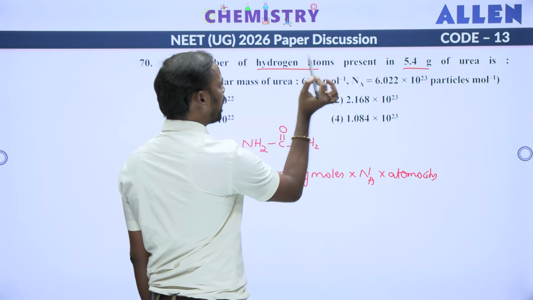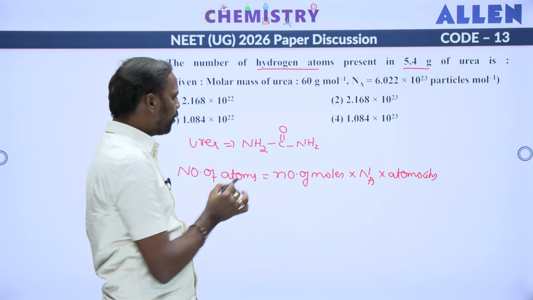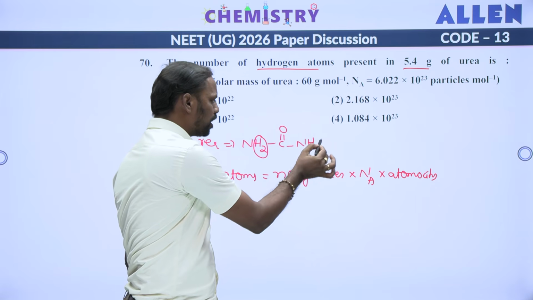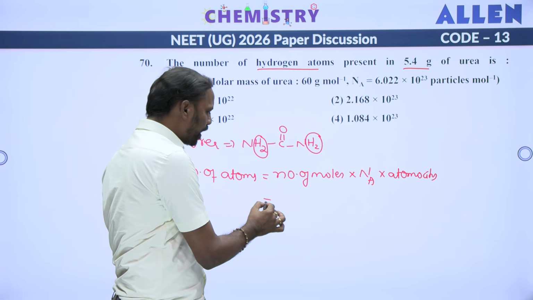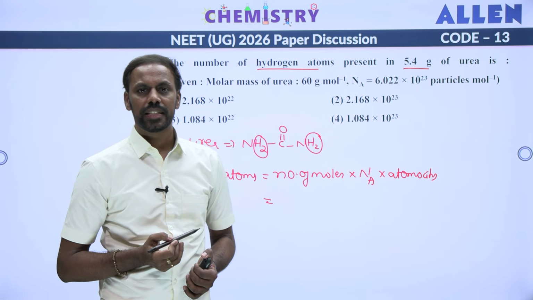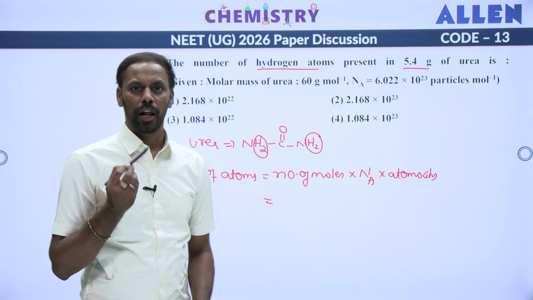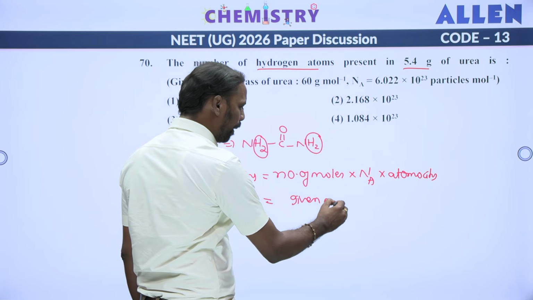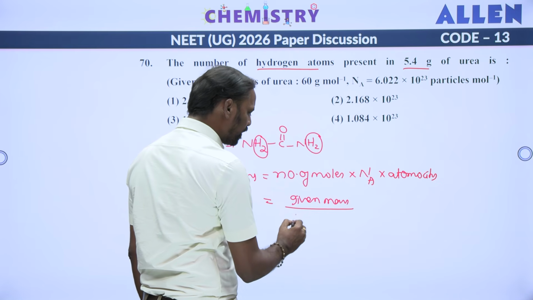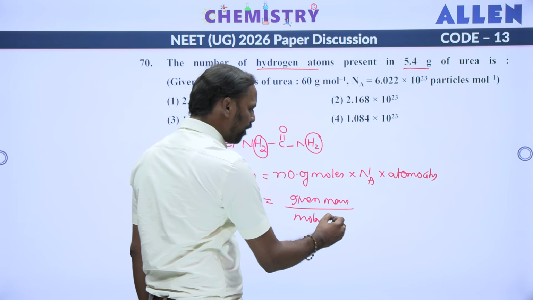Hydrogen atom. In urea, how many hydrogen atoms are present? 4 hydrogen atoms. How to get the number of moles? If mass is given, it is given mass divided by molar mass.